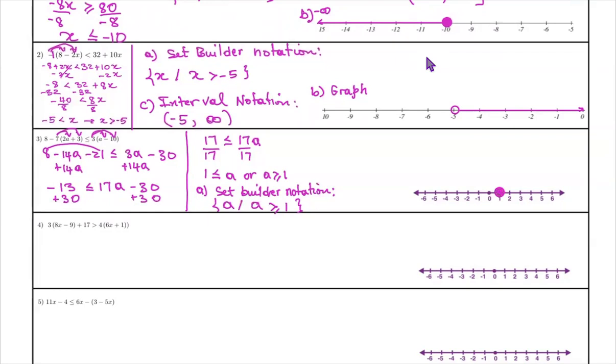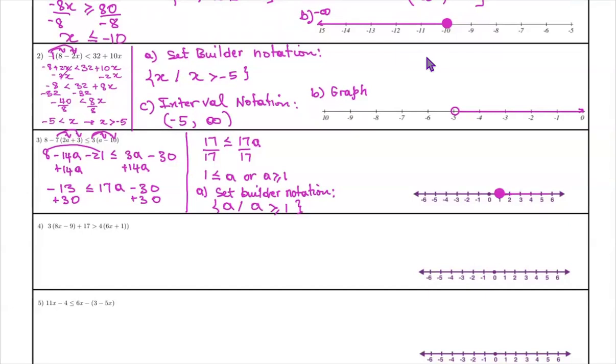And then the solution will live on the right side since a is greater. So on the right side of 1, everything on the right side will be solution of this inequality. So, that's B, the graph.